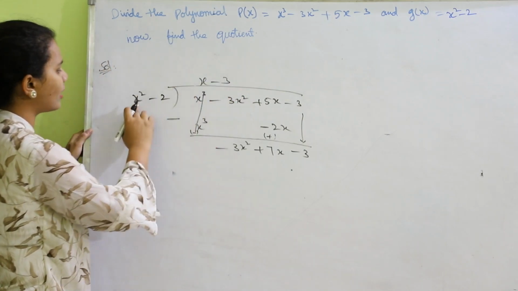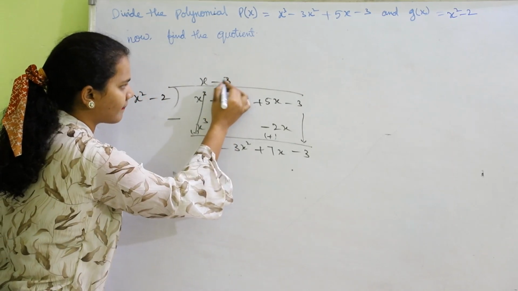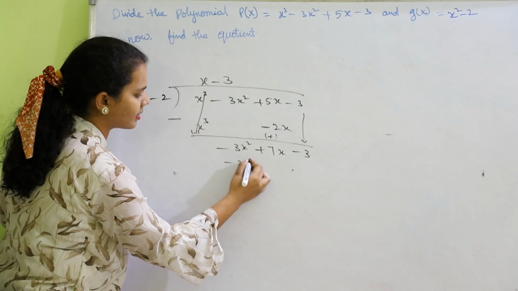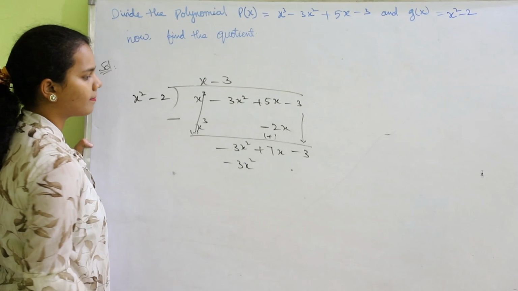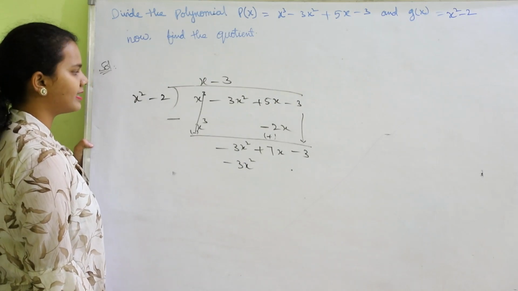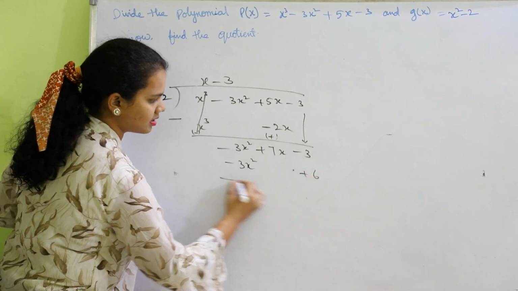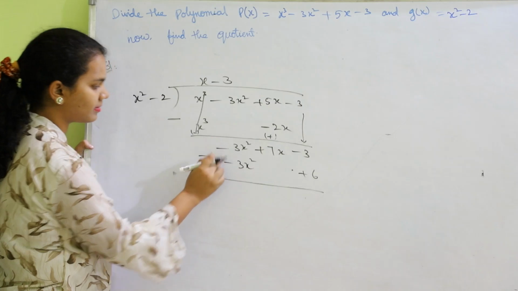Minus 3 into x square is minus 3x square, right? So that's what I have added: minus 3. Clear? Minus 3x square. Then minus 3 into minus 2, plus 6. Clear? Plus 6. Now here you have subtraction between these both.